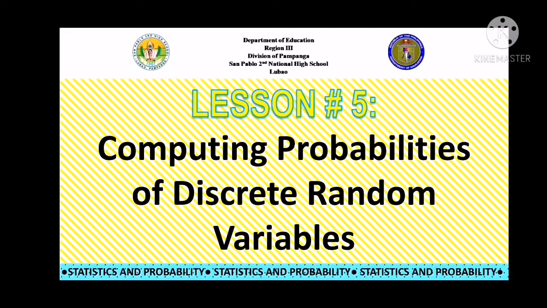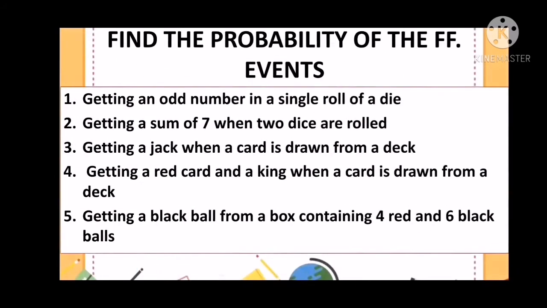Here we have some examples on how to compute probabilities. You need to find the probability of the following events. The first one, getting an odd number in a single roll of a die.